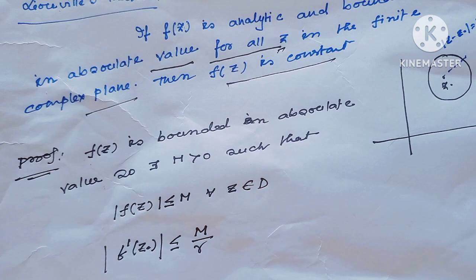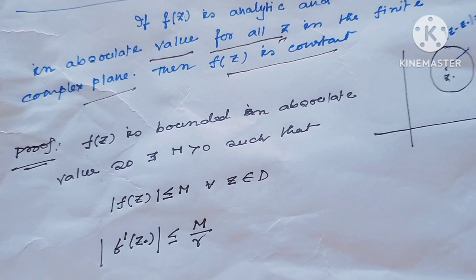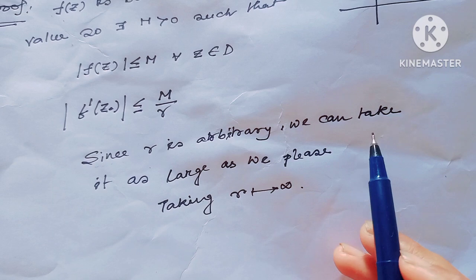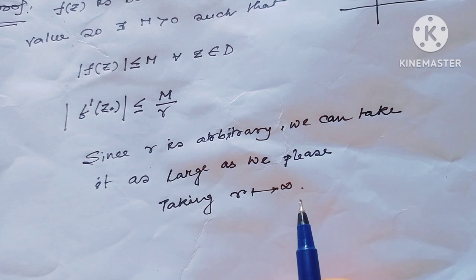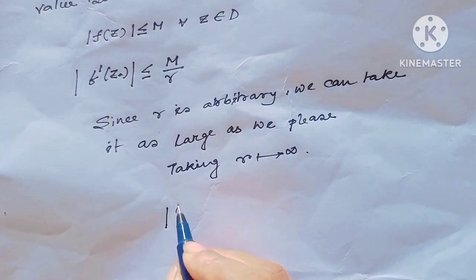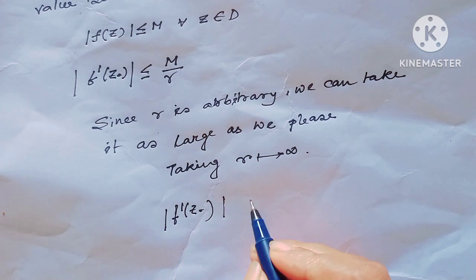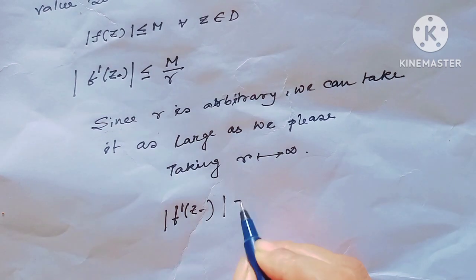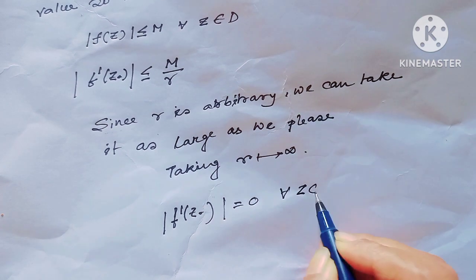Have you understood why Cauchy's estimate formula is very important? Since r is arbitrary, we can take it as large as we please. So take r goes to infinity, then the absolute value of f prime z naught is equal to 0, and this is true for all z belonging to D.